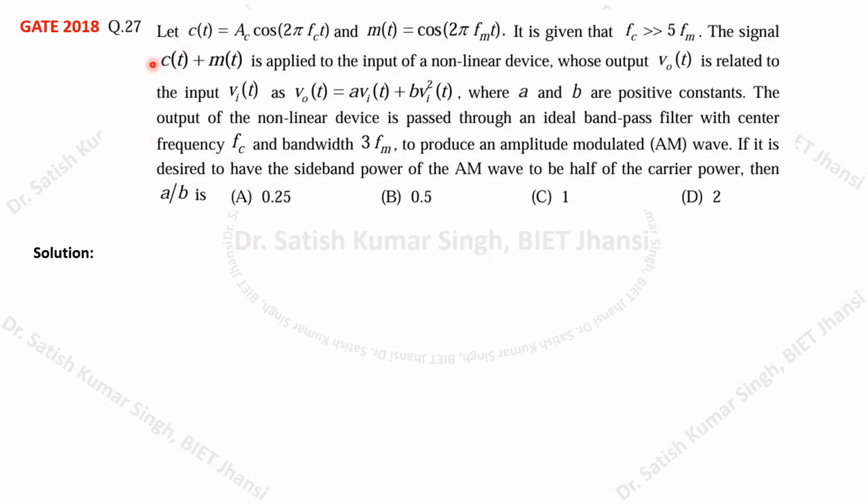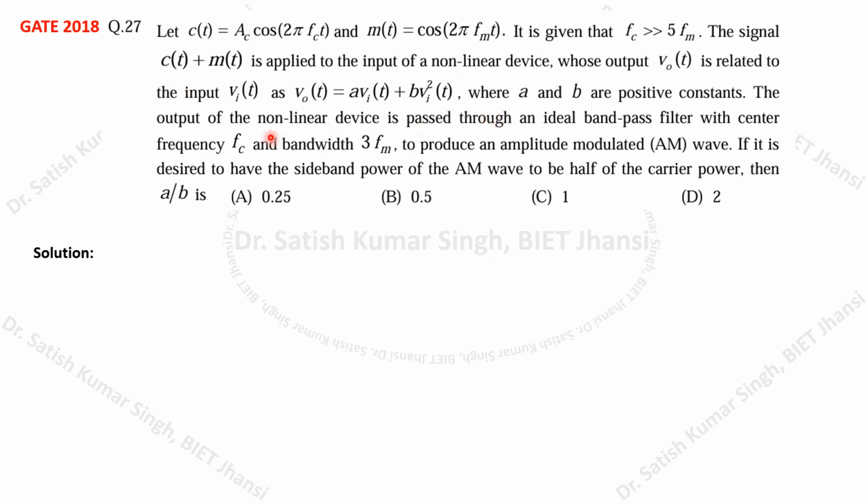So here is the problem. Let c(t) = Ac cos 2πfct and m(t) = cos 2πfmt. It is given that fc is much greater than 5fm, and the signal c(t) + m(t) is applied to the input of a nonlinear device whose output V_out(t) is related to the V_in(t) as V_out(t) = a V_in(t) + b V_in²(t), where a and b are positive constants.